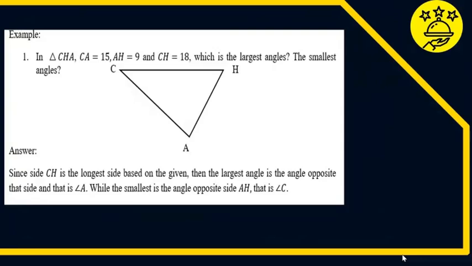The answer here is, since side CH is the longest side based on the given, the largest angle is the angle opposite that side, which is angle A. The smallest angle is the angle opposite side AH, which is angle C. So angle C is the smallest angle and the largest angle is angle A.